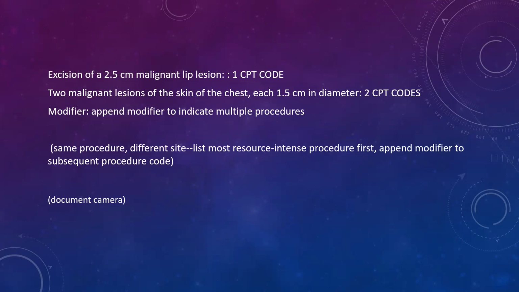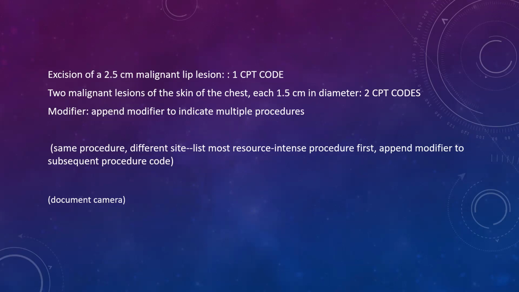It's 2 separate locations where we're doing 2 separate kinds of excisions. Okay, so a modifier would be appropriate in this circumstance, and I will show you how we add that, where we find the information for it. But I did want to put a little note here that it's the same procedure, it's a different site.